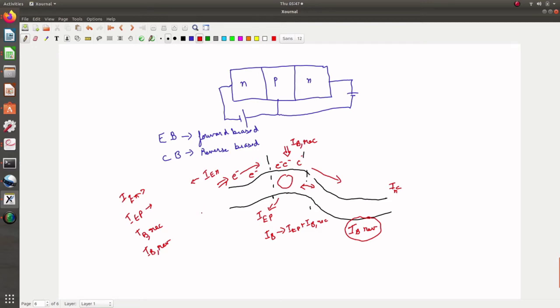This is a reverse leakage current and the collector current.